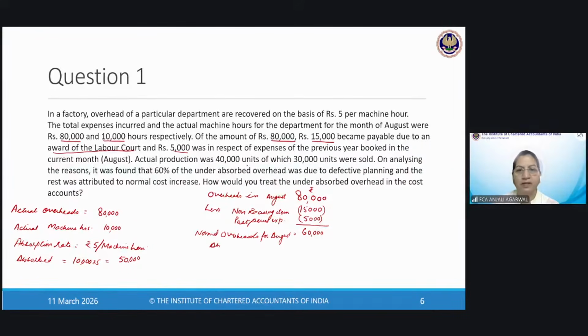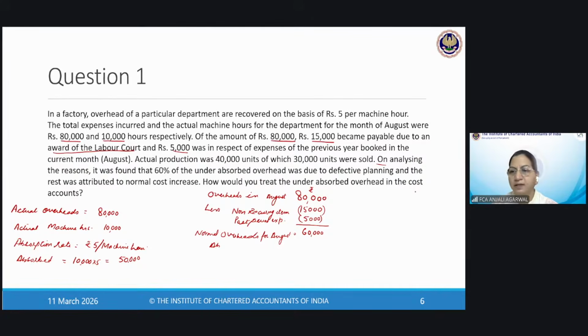Now, is there anything else? Nothing. Then we have actual production of 40,000 units, out of which 30,000 units were sold. On analyzing the reasons, it was found that 60% of the under-absorbed overheads was due to defective planning, and the rest was attributed to normal cost increase. How would you treat the under-absorbed overheads in the cost accounts?